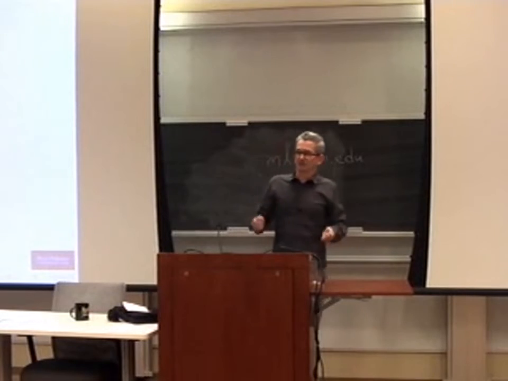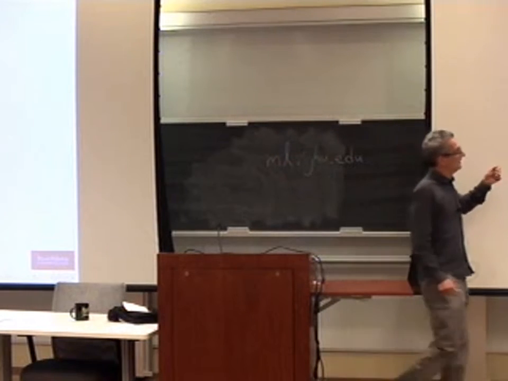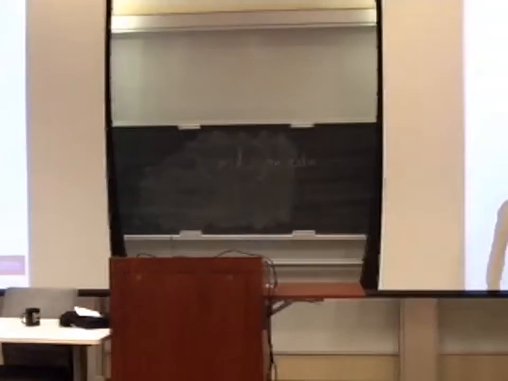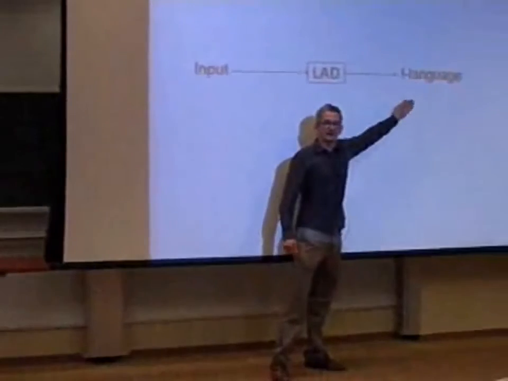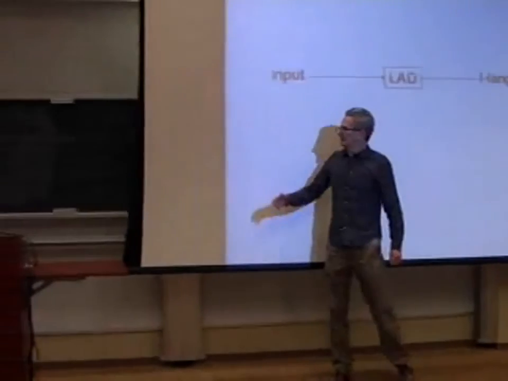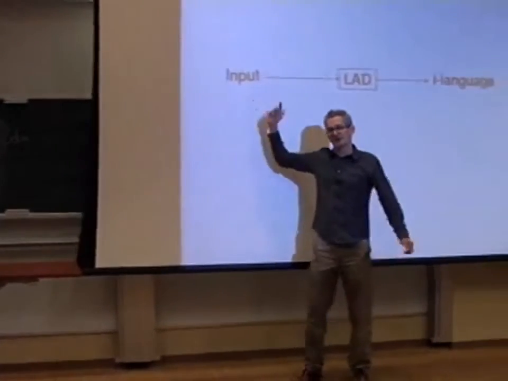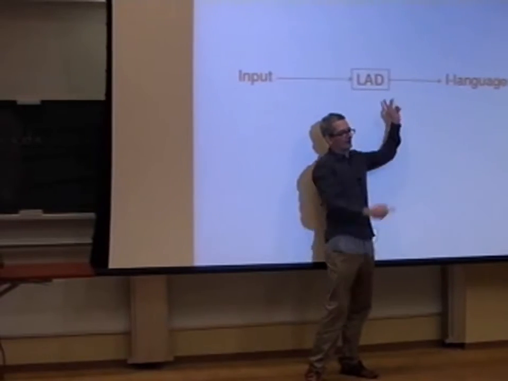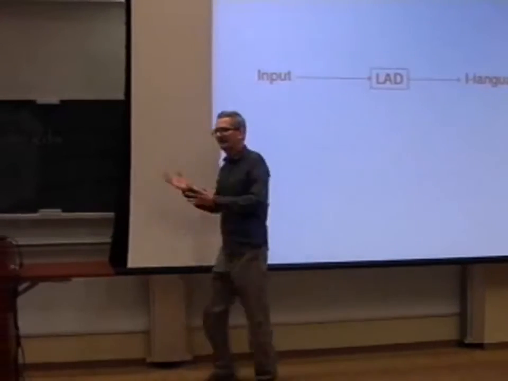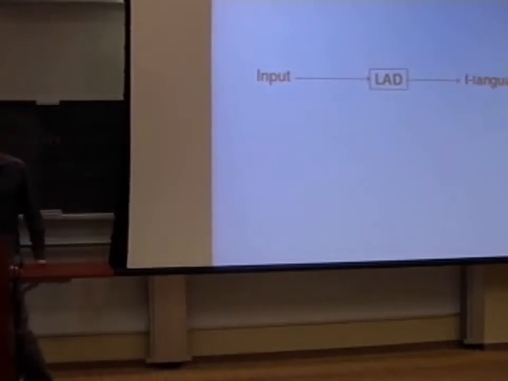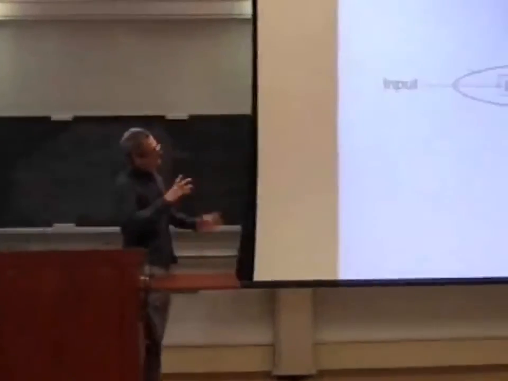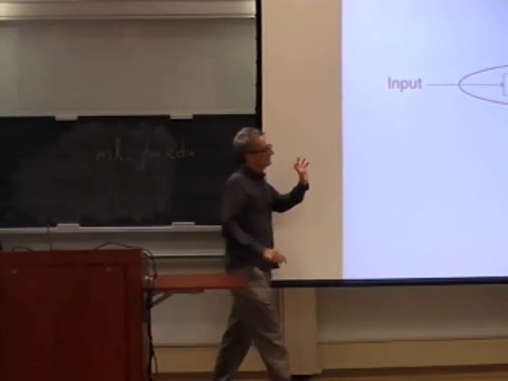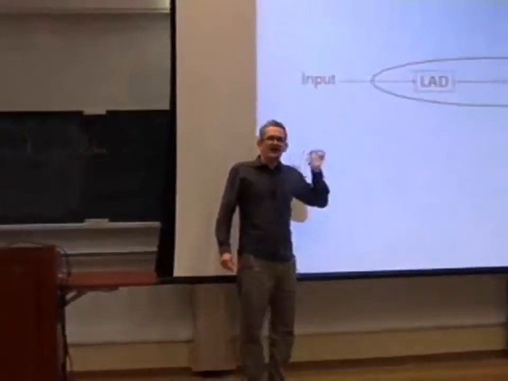So the idea for the way that linguistics should proceed, right, is that first of all, we figure out what this is, right? We figure out the I language, right? Then we know what the input is because we can observe it. And then once we've got the input and the output, then we can figure out what's going on in this box. Okay, so that seems like a perfectly reasonable way to proceed. But the diagram conceals something, which is that we don't observe the I language, right?